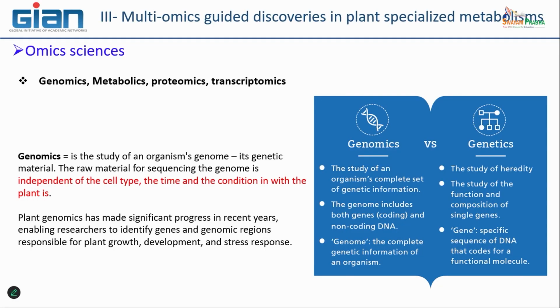So how some genes, or some alleles of a gene, are transmitted from parents to child, for example. Genome is a complex genetic information, while genetics is focused on specific genes and specific sequences of DNA.